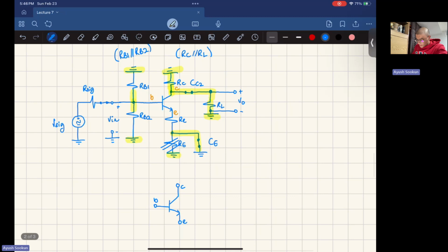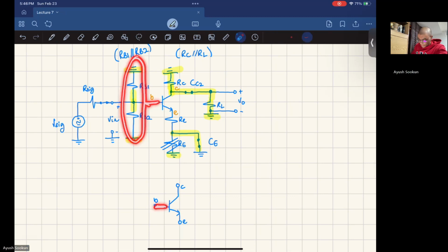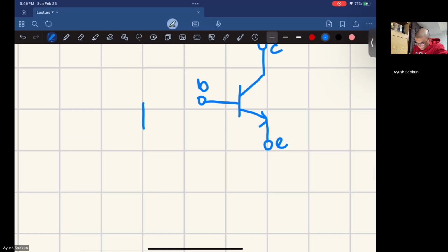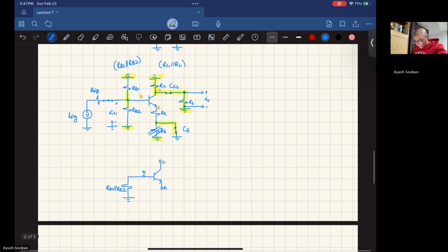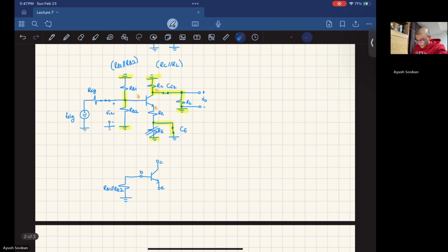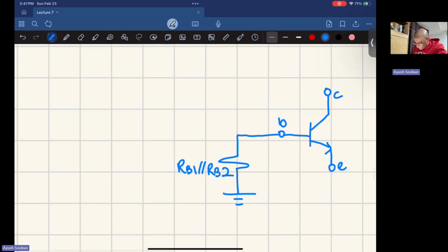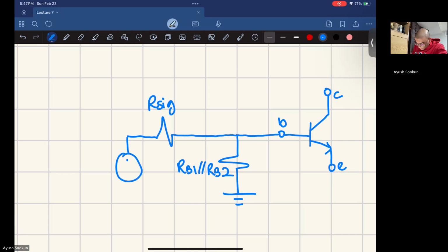So this base right here is connected to this RB1 pair, RB1, and that is connected to Rsig and Vsig.